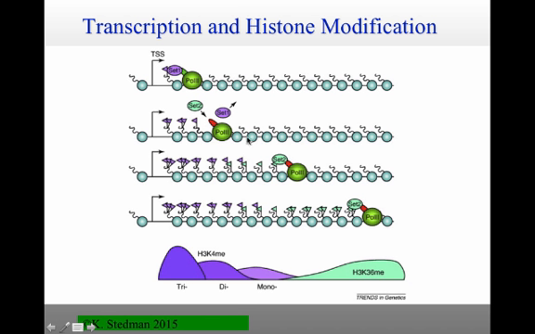And it turns out that when you have transcription taking place, you have histone modifying enzymes, which, not important what the names are here, but as you have transcription, the nucleosomes which are in front of the polymerase have one set of modifications, but then as soon as the polymerase goes by, you end up getting multiple other modifications.